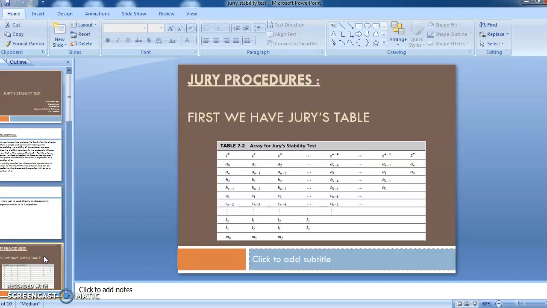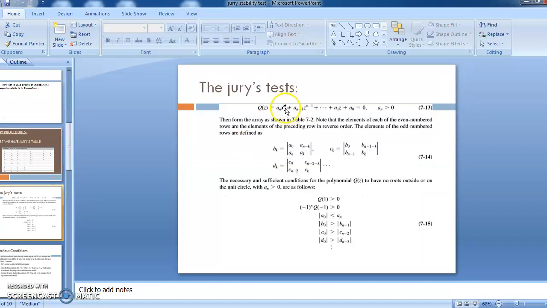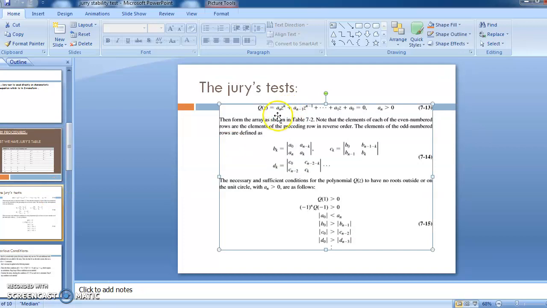Now, let us see how the procedure is applicable in case of the Jury stability test. Before starting, let us take this equation: an z to the power n plus an minus 1 and so on. Let us say this is the characteristic equation. Here z to the power zero is included, right?